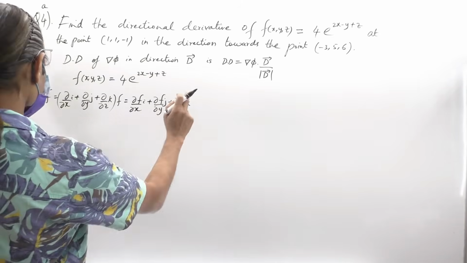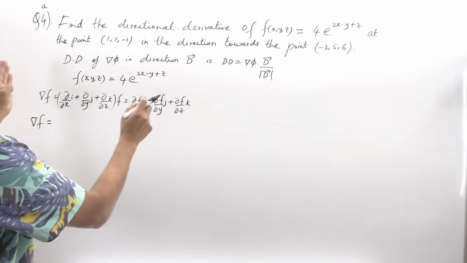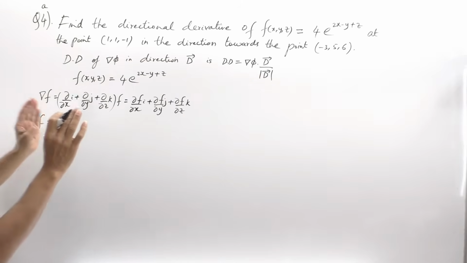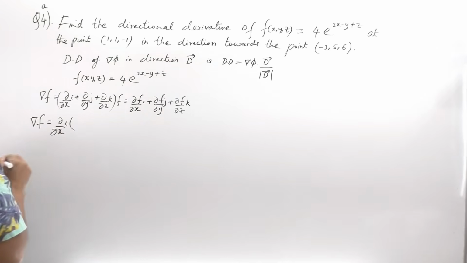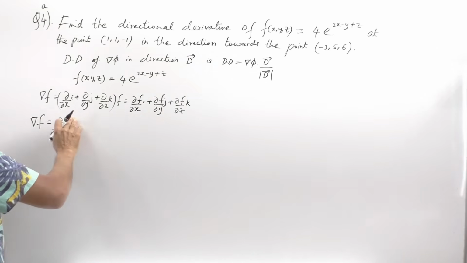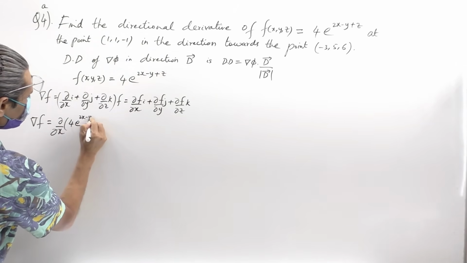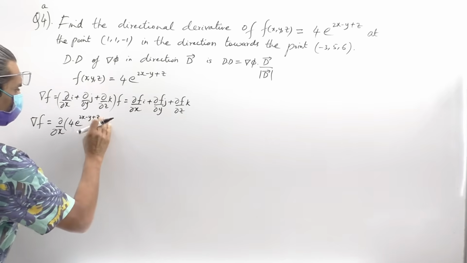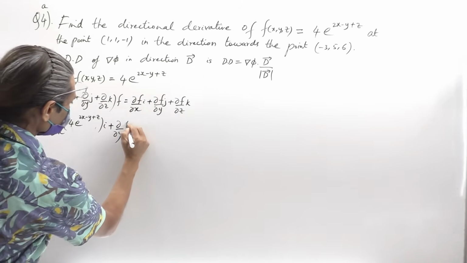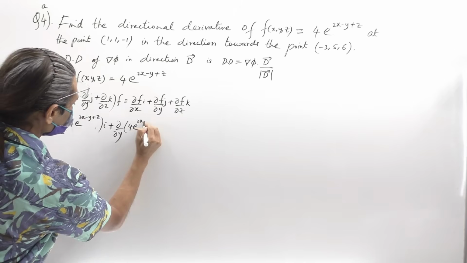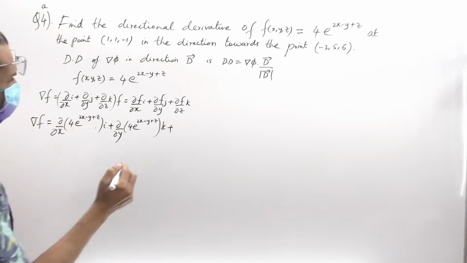Now let's solve this. So now del f equals, see, I'll do each step systematically, step by step, so understand it here. So what is f given? I write dou by dou x of f, what is f? 4 e raised to 2x minus y plus z into i plus dou by dou y of 4 e raised to 2x minus y plus z into j plus lastly dou by dou z of 4 e raised to 2x minus y plus z into k.